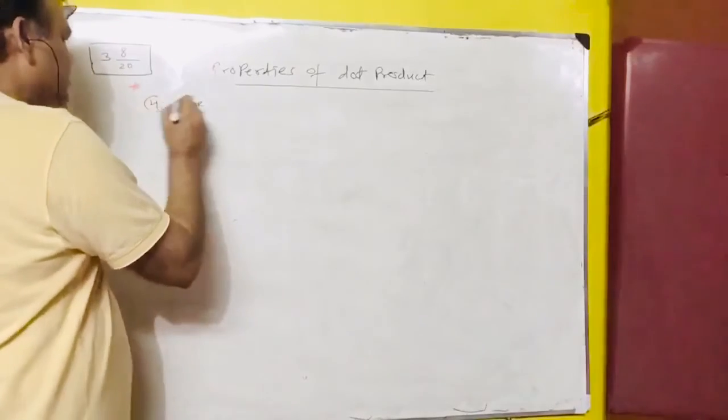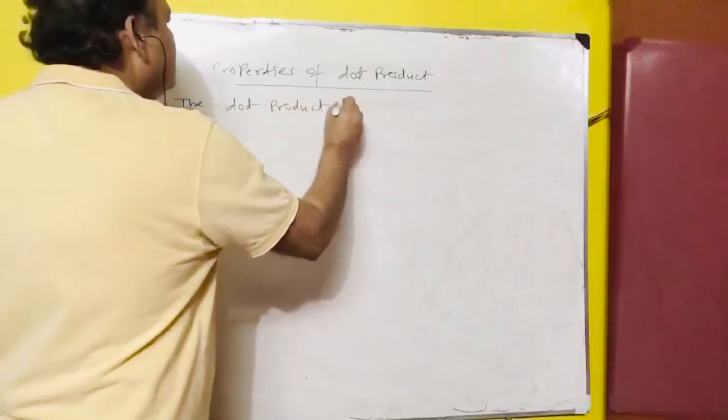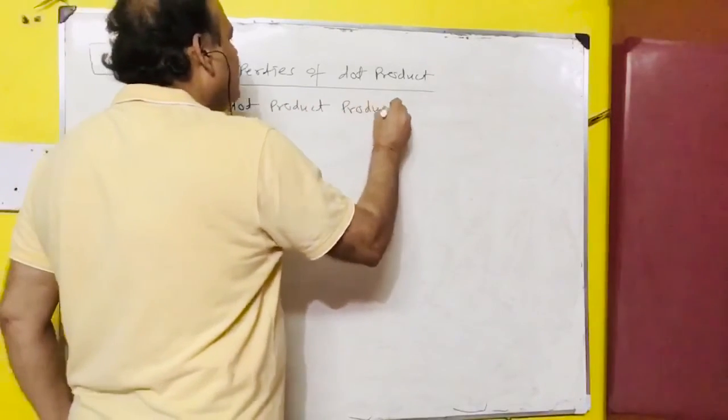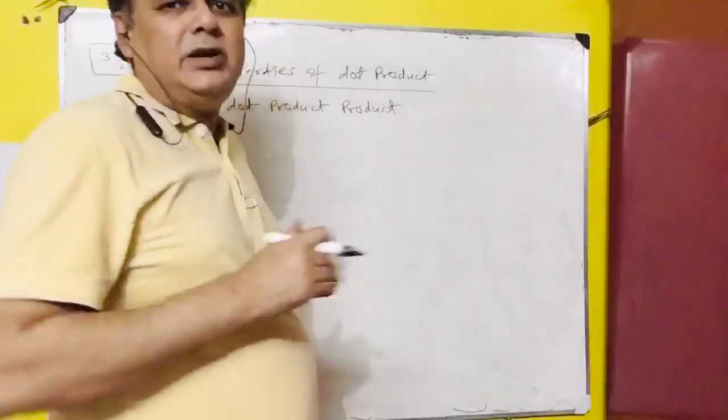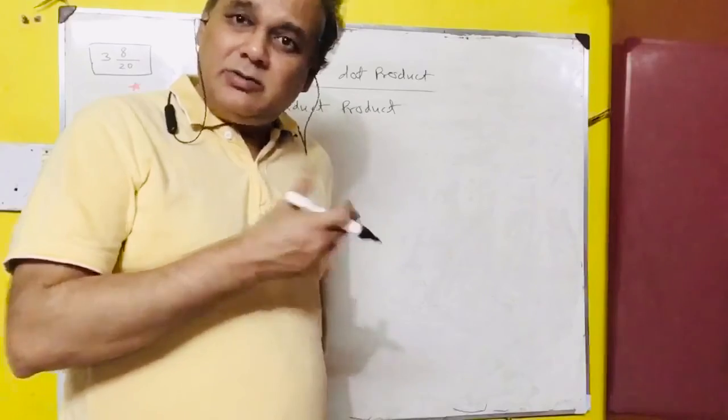कौन से वेक्टर बच्चों? कोलिनियर. कोलिनियर यू नो. हाँ, कोलिनियर मीन्स in the same direction or in the opposite direction. यानी theta is 0 degree or 180 degree.